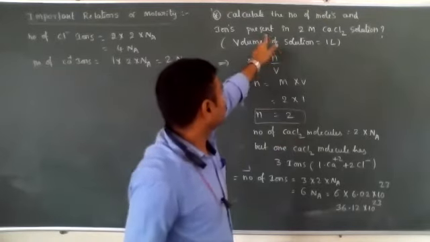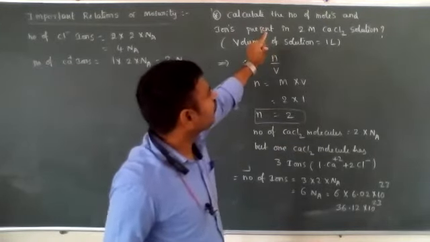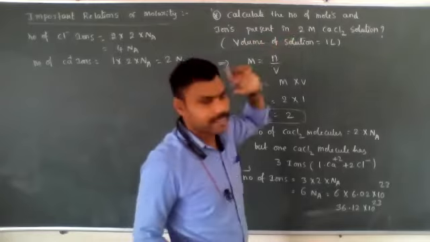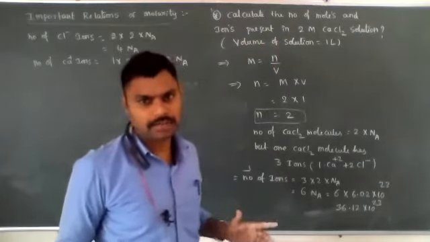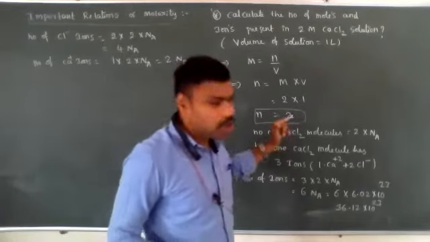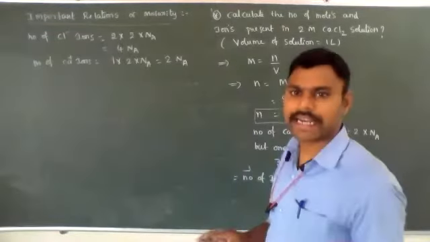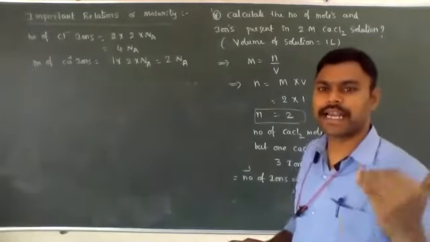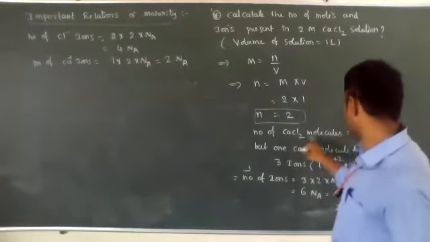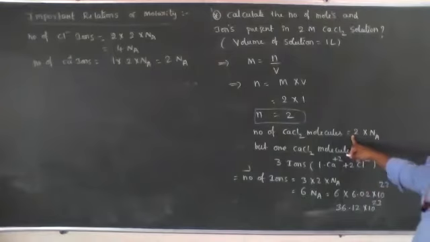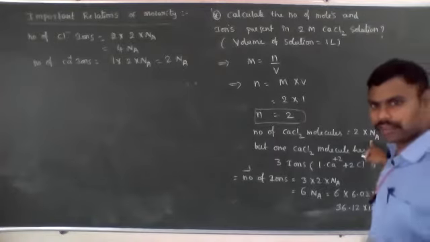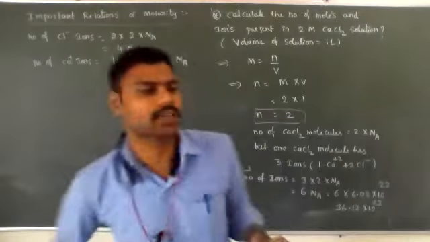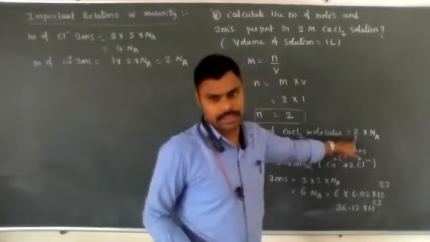Now the second, they asked how many ions are present in CaCl2 in that given number of moles. Before calculating the number of ions, first we need to calculate the number of molecules. So the number of molecules is equal to number of moles into Avogadro number, 2 into Na. So we got the number of molecules.